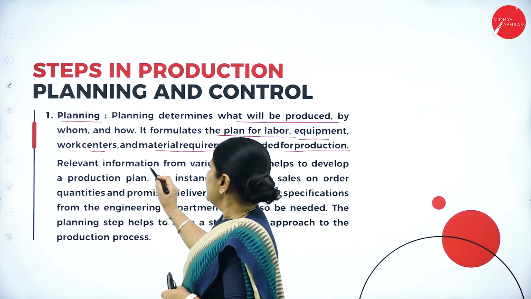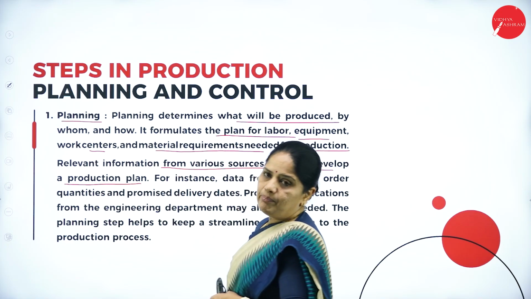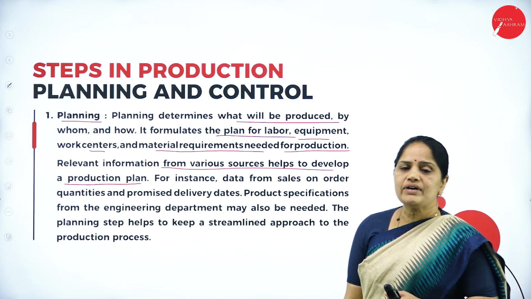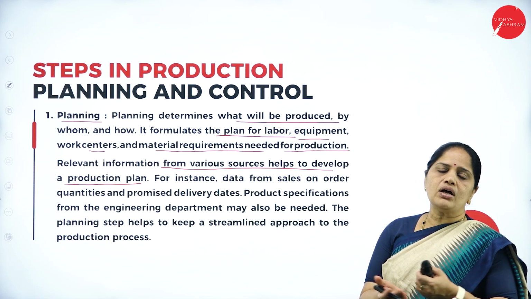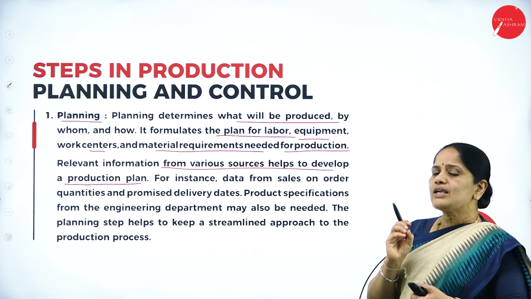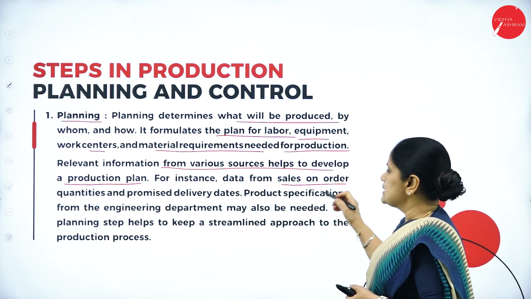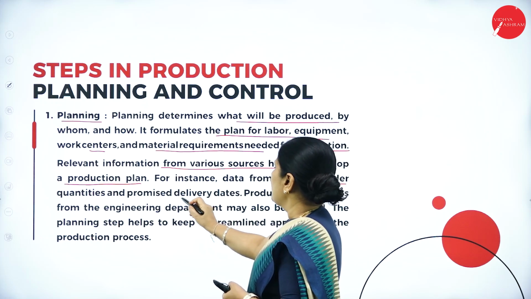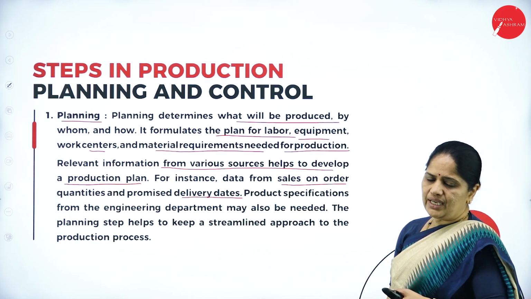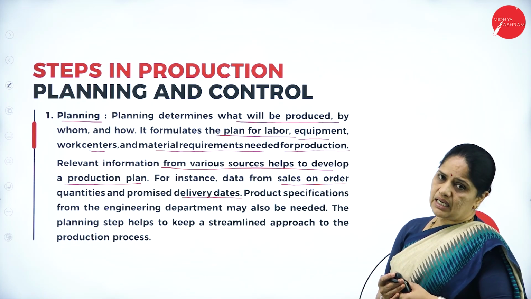The relevant information from various sources helps to develop a production plan. We all know that planning can be done only with the available data. If you are getting whatever data you need for the plan, then that will be very good for the production plan. For instance, data from sales on order quantities and promised delivery dates. So what are the sales we are having, and what is the date on which the products have to be delivered?